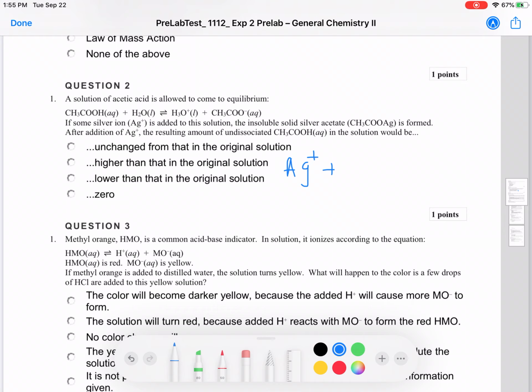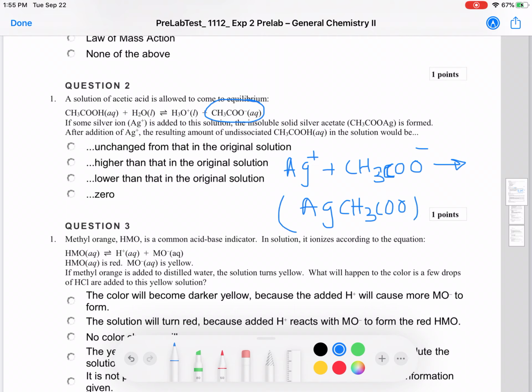Silver is going to basically react with acetate ion, CH3COO minus, so that is acetate. So silver ion reacts with acetate. What is it going to form? It basically is going to react with one of the products and form silver acetate.